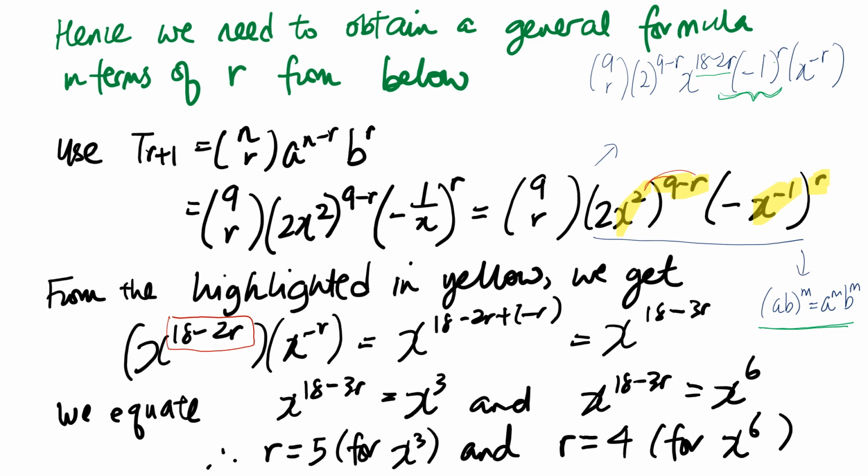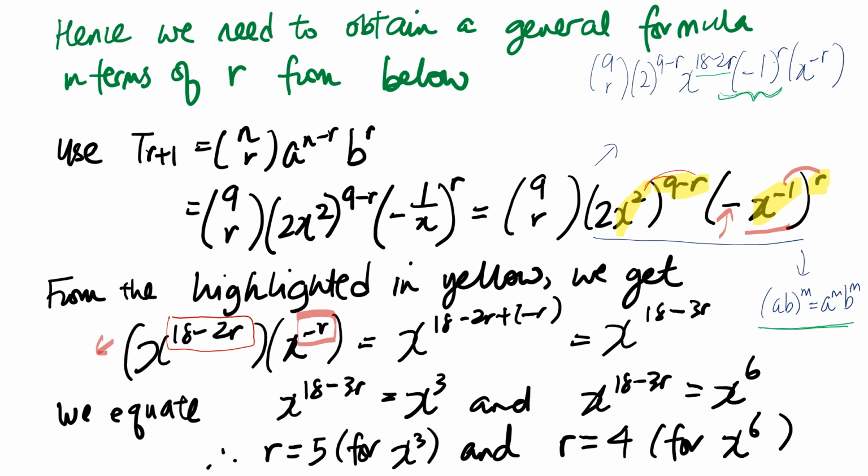And likewise for this, you just take -1. That means you temporarily ignore the negative sign here. You just concentrate on your x to the power -1. So -1 times r is -r, so you get x to the power -r here.